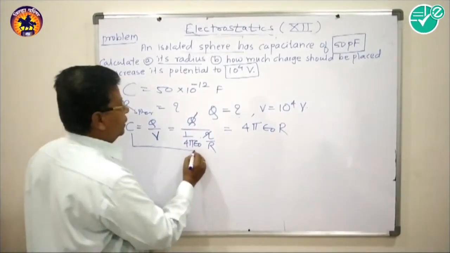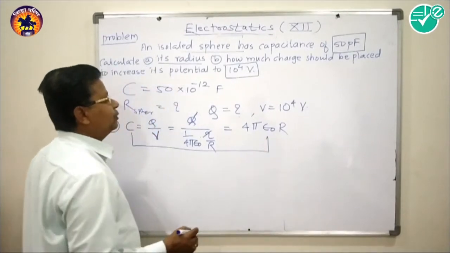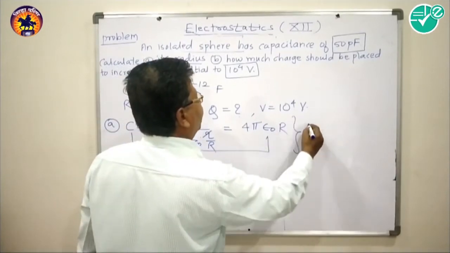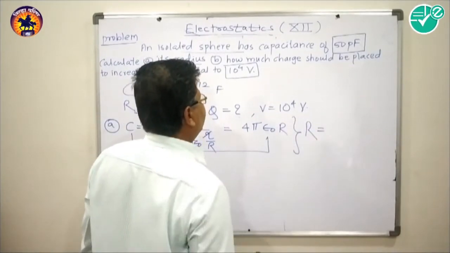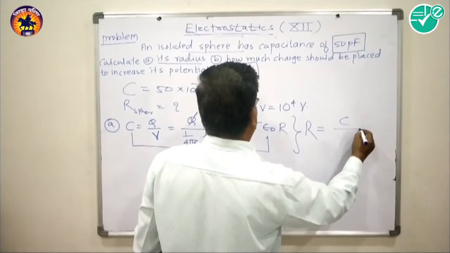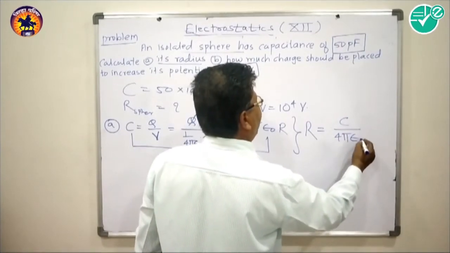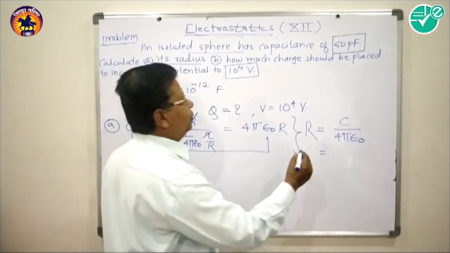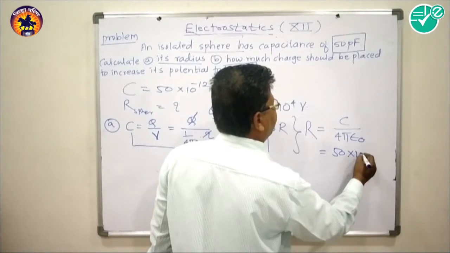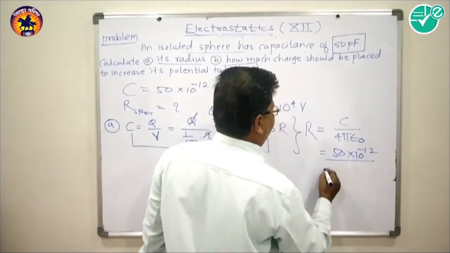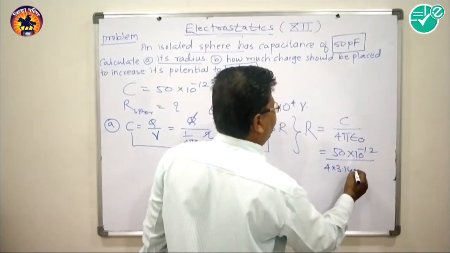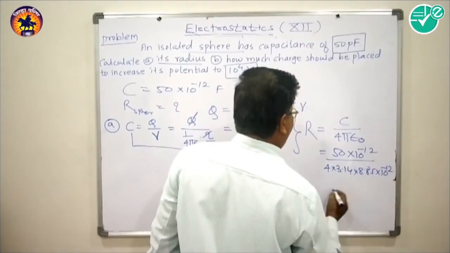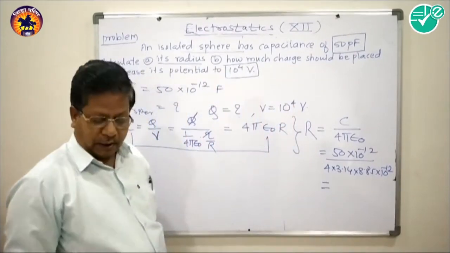By using this formula, C is equal to 4 pi epsilon 0 into R, we find the radius of the sphere, which is equal to C divided by 4 pi epsilon 0. So R is equal to C, the value of C is 50 into 10 to the power minus 12, divided by 4 into 3.14 into 8.85 into 10 to the power minus 12.